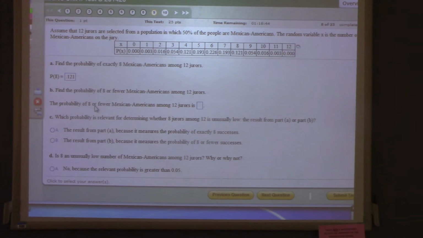Or, what would be easier than adding up all 8 of these? What would be easier? That's not rhetorical, I'm asking y'all. What would be easier than adding up 8 of these numbers?